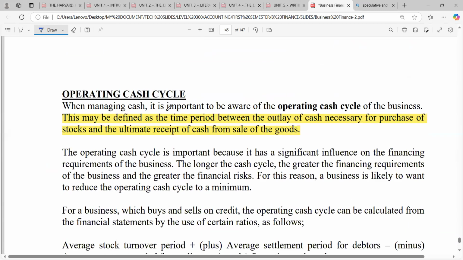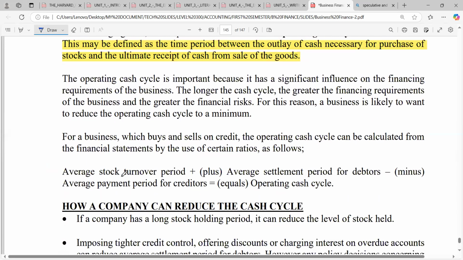And then you also look at the operating cash cycle. The operating cash cycle is basically your average stock turnover period plus your average settlement period for debtors minus your average payment period for creditors. For debtors, as we know, it is trade debtors divided by credit sales multiplied by 365 days.